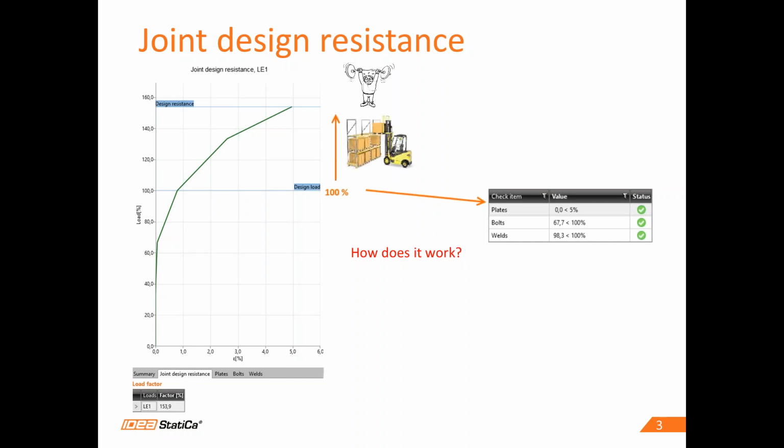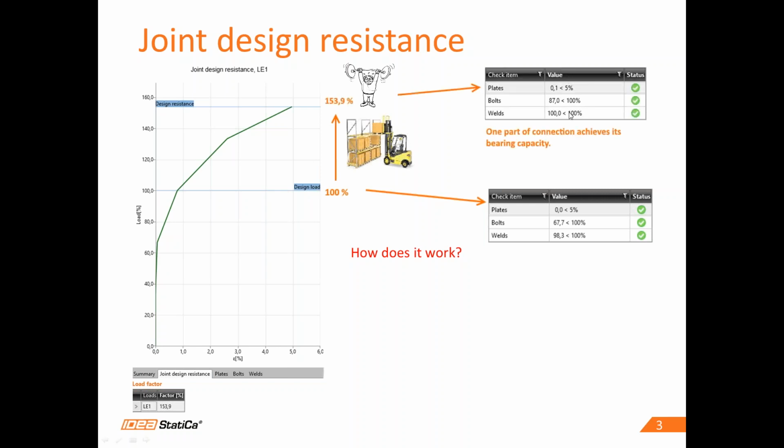The software automatically and proportionally increases all load components until one of the checks is not satisfied. And the user receives a simple diagram and a factor, the ratio of design resistance and design load. You can use this to express the maximum load.